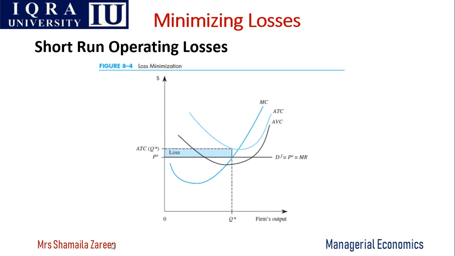However, since the price exceeds the average variable cost, each unit sold generates more revenue than the cost per unit of the variable inputs. Thus, the firm should continue to produce in the short run even though it is incurring losses.